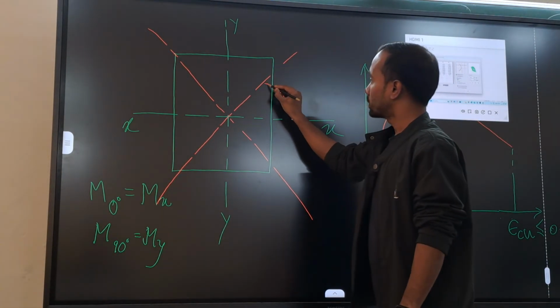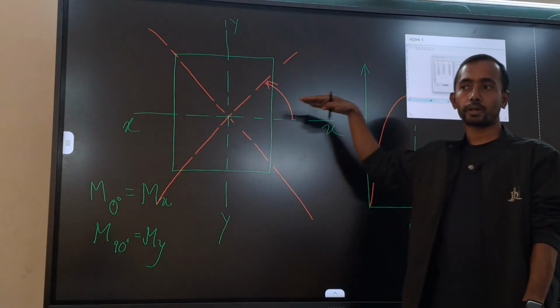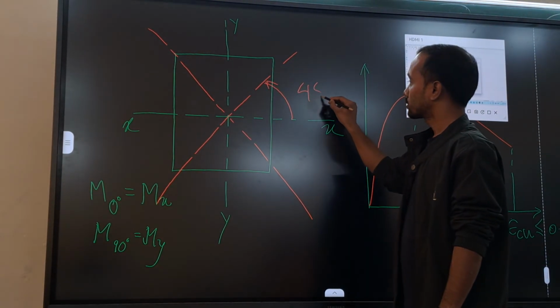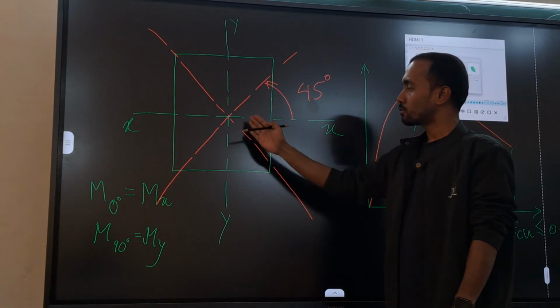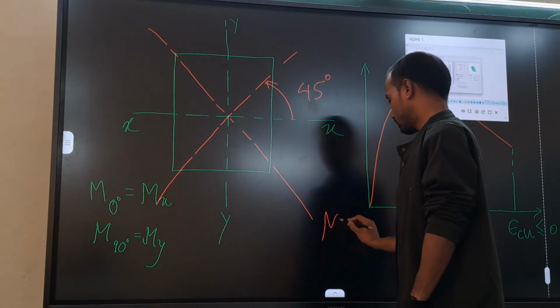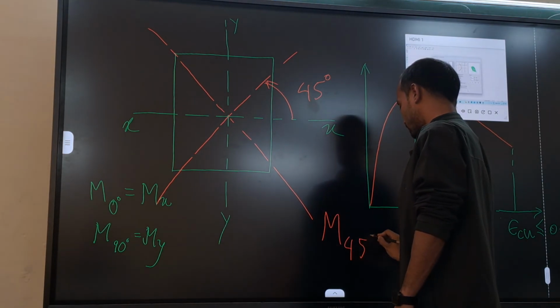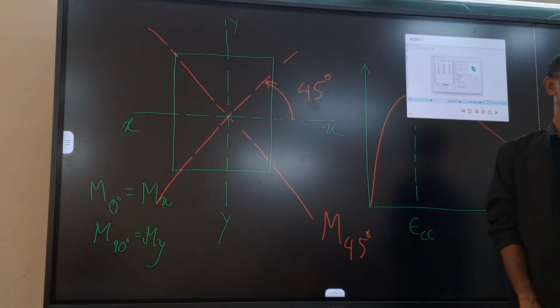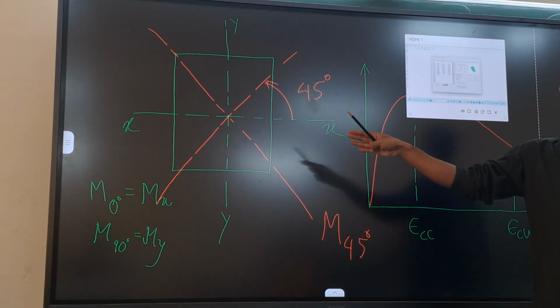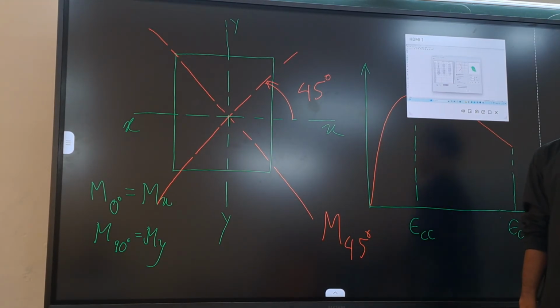You know how much is the angle of this with respect to horizontal. Let's say this is 45 degree. So you calculate the moment about this axis, then that will be M45. Similarly, you can calculate the moment about any axis between 0 and 360.